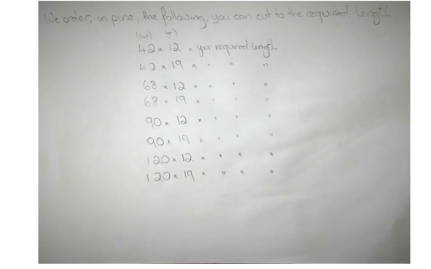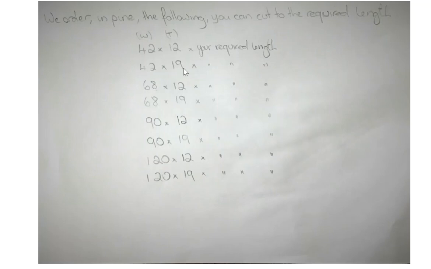And to help with you working out your type of material you're going to get, we order in the following dimensions of ply. There's 42 by 12, and you cut that as your required lengths, because we get them in 4 meter lengths.